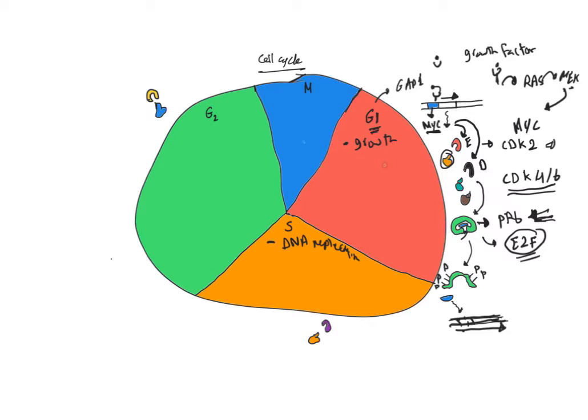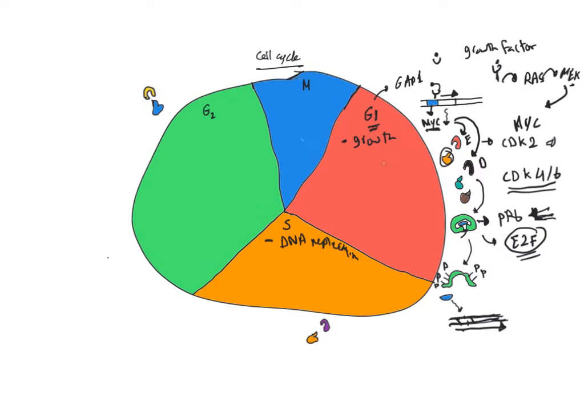So DNA replication has started, and in this step it's regulated by the same CDK2 from our first step in G1. I colored it the same color. Right now CDK2 is not activated by cyclin E. Cyclin E is degraded, and cyclin D is also degraded.